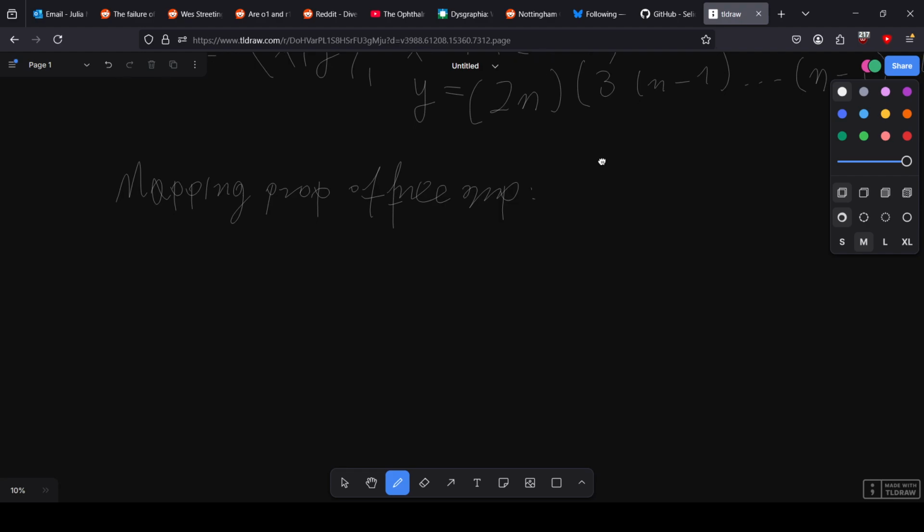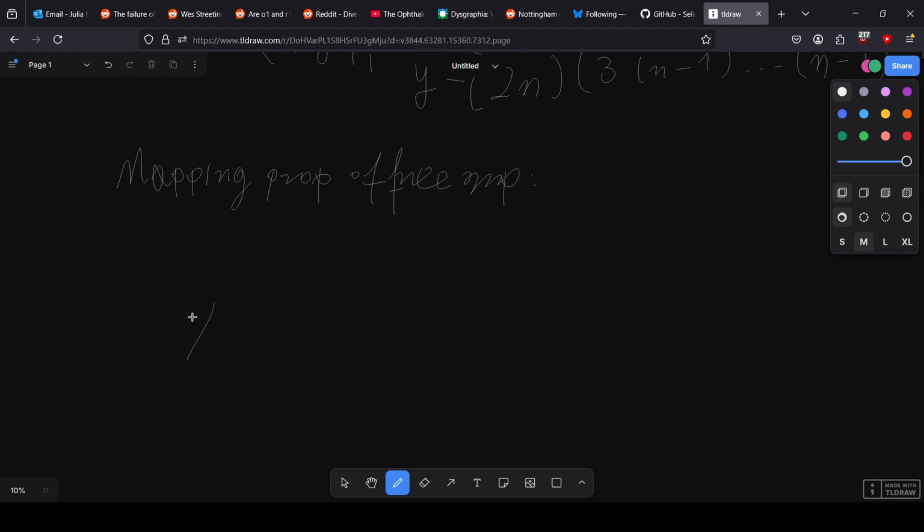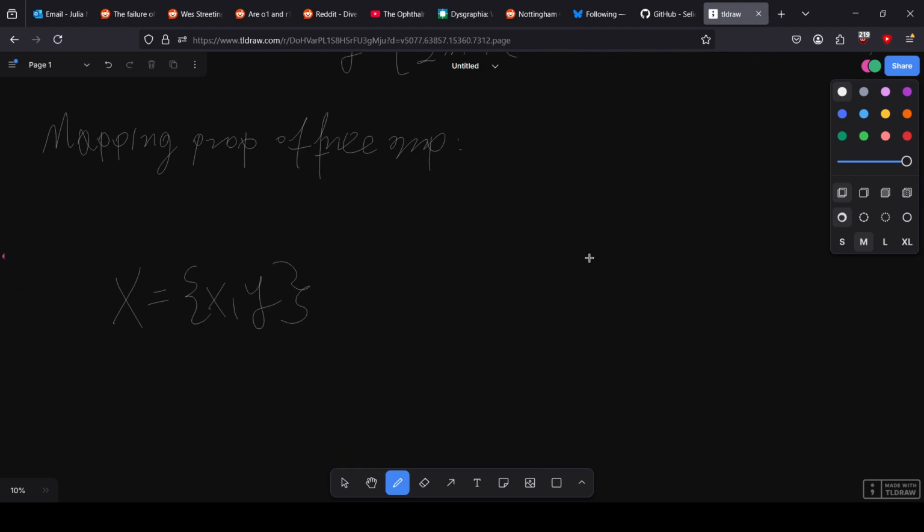Which gives us that there is a homomorphism from X, which here we will just have be the set {x, y}. This is inclusion. This is also inclusion. This is Fx. And this is some homomorphism phi, which is surjective, importantly, into Dn.